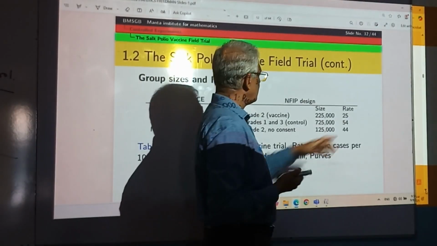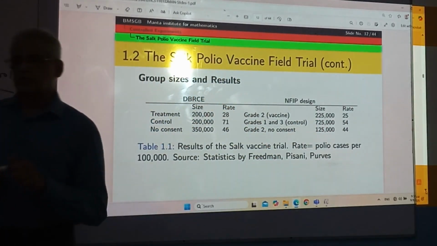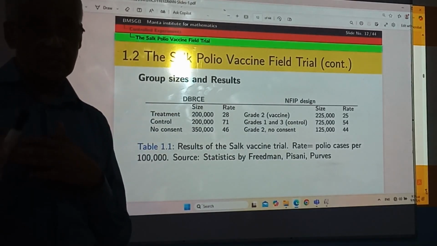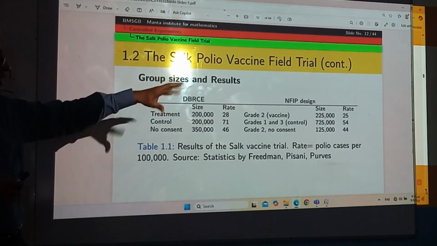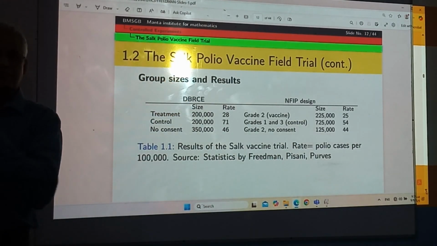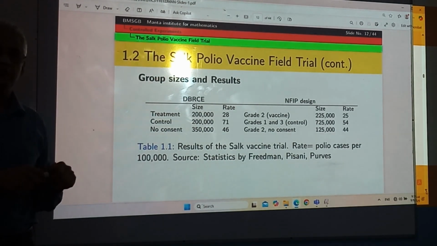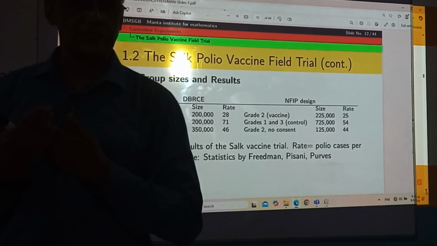But even though this is much smaller than that one, in this kind of experiment we cannot actually decide that the vaccine caused the reduction here. Because there are two other variables which affect the outcome, and we don't know in which way they affected it.